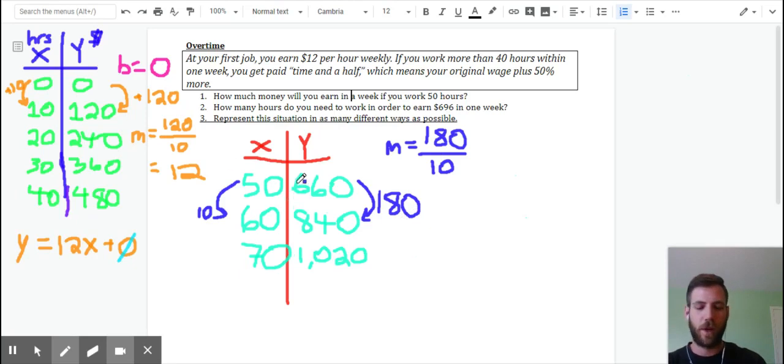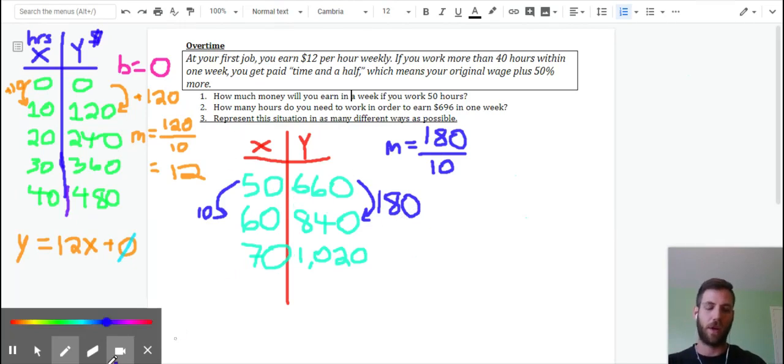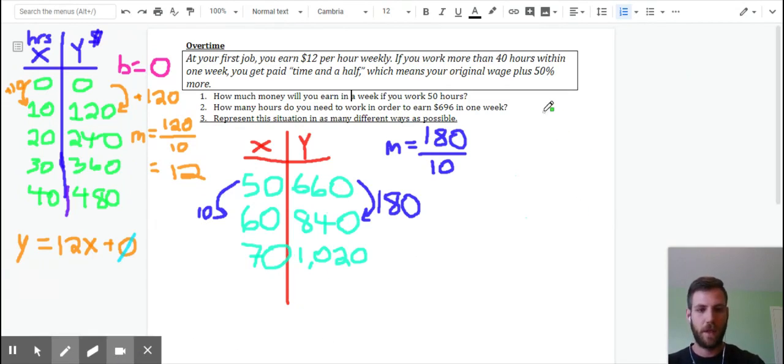So if we look at where these points are, we don't have a y-intercept ready to go, so we need to use something called point-slope form to get our y-intercept. So we're going to do y minus our first y point, 660.